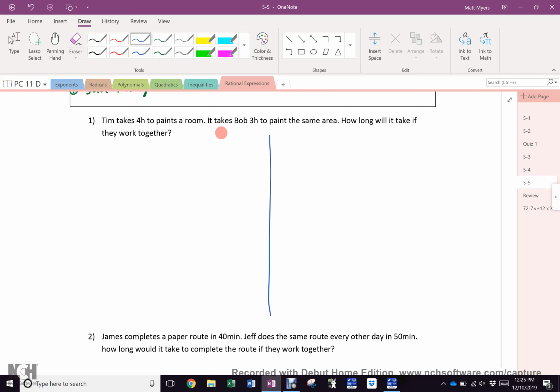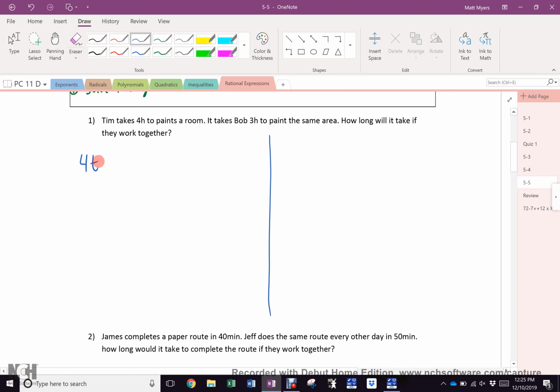We got 2 ways we can do this. One, we can look at it this way. We could say that it takes Tim 4 hours to paint the room, yes? So Tim will take 4T units of time, right?